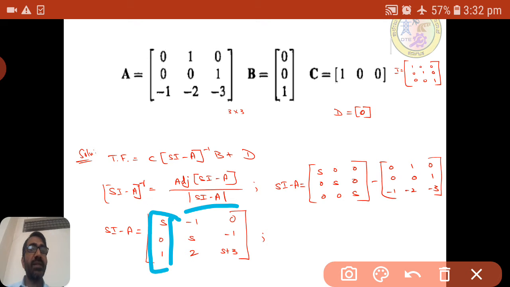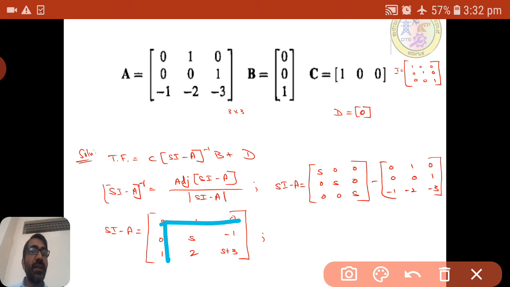For example, s, 0, 1. Take s, leave its row and column, and take the determinant of the remaining part: s into s plus 3, minus 2 into minus 1. So s into s plus 3 is s squared plus 3s, and minus of 2 into minus 1, minus of minus becomes plus, gives s into s plus 3 plus 2.